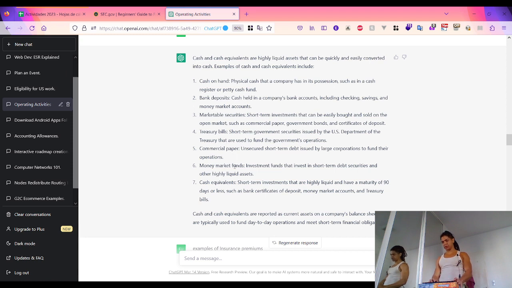Commercial paper, money market funds, which encompass all of the previous examples of cash and cash equivalents: commercial paper, treasury bills, marketable securities, bank deposits, and cash on hand.